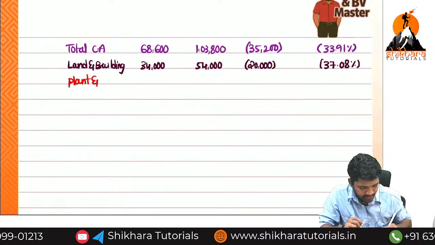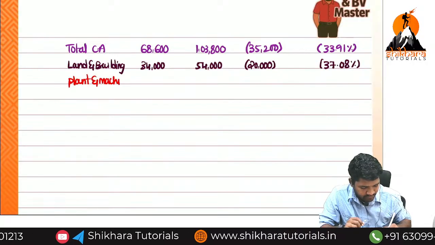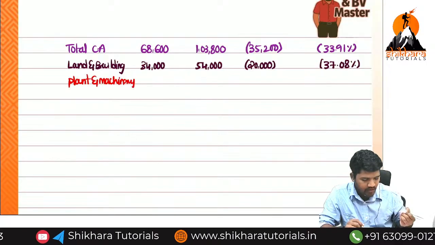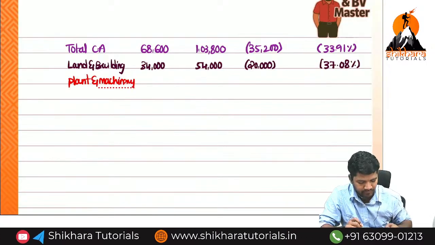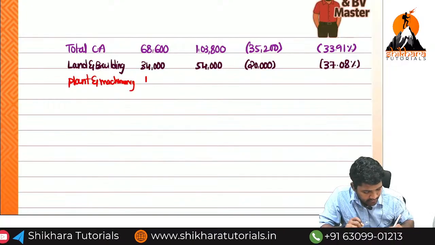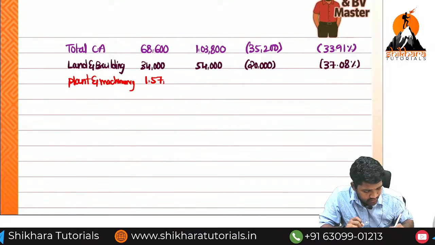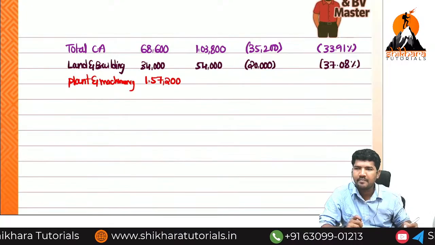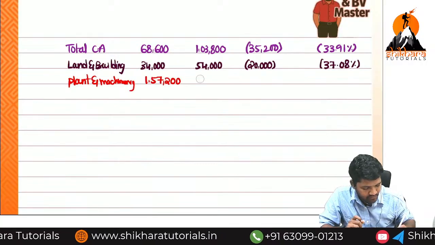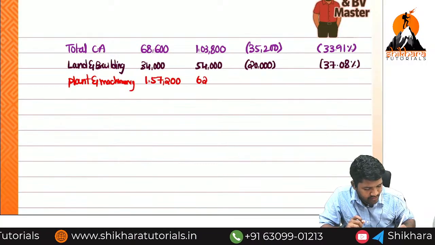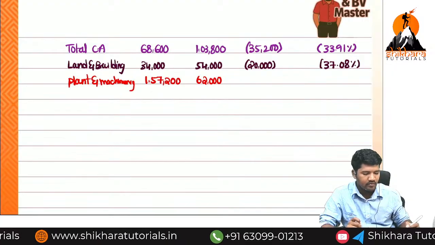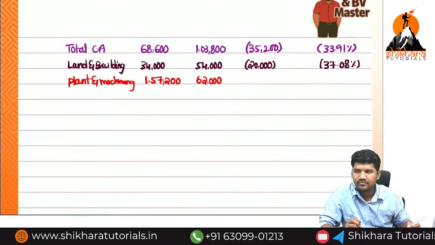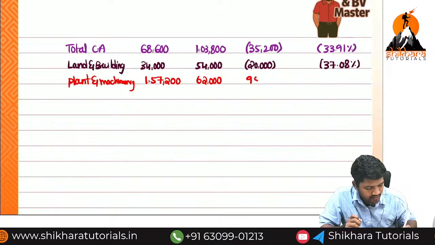Plant and machinery. Current year, please. 1,57,200. What about the previous year? 62,000. Okay, done. What's the change? 95,000.